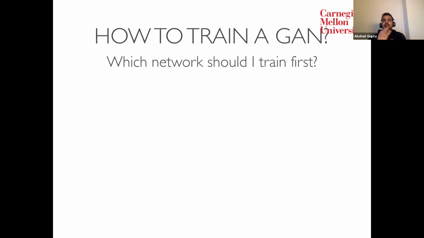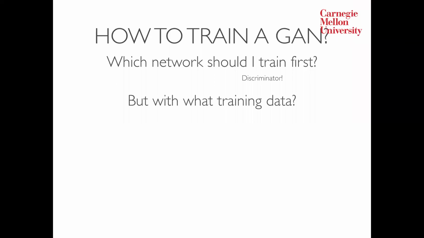So with that in mind, let's start with certain trivial questions. We have two components in GANs, the discriminator and the generator. So can anyone tell me which of the two components we train first? Discriminator? Yeah, we train the discriminator first, but with what training data?